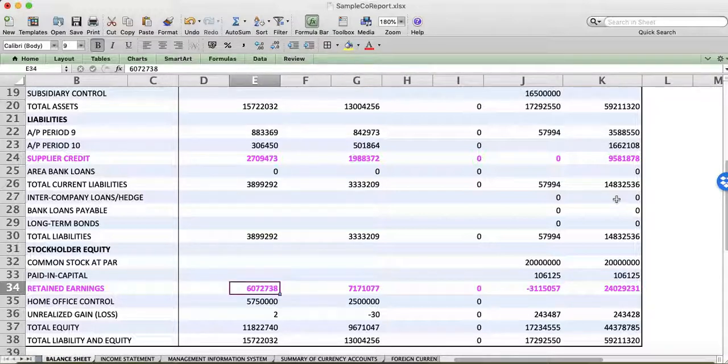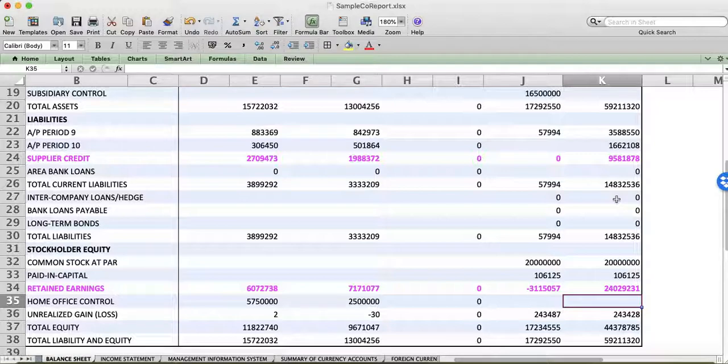The bulk of it comes from the US and Europe, but of course there is a loss in the home office because the home office tends to have very limited income, but rather it has a lot of expenses like R&D and market research. But that's not a great issue in the eyes of the shareholder because this is more than compensated by the profits made in the other areas.